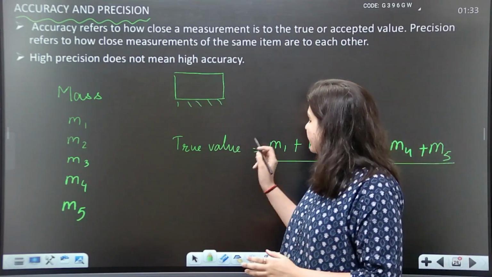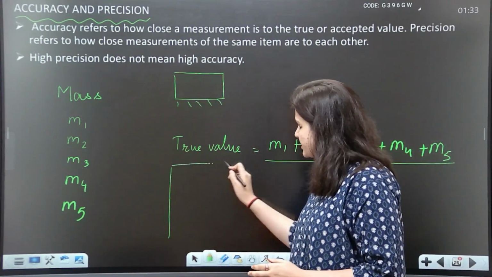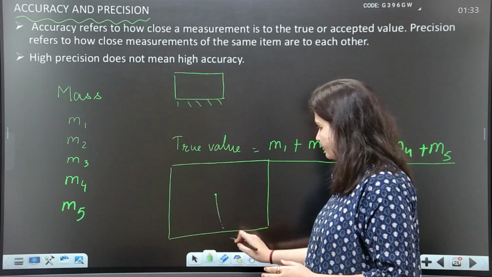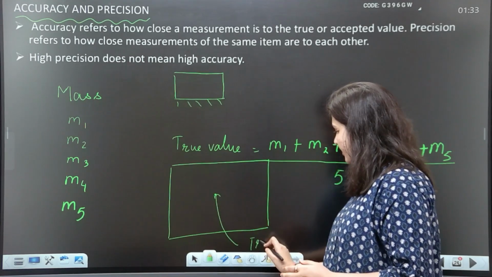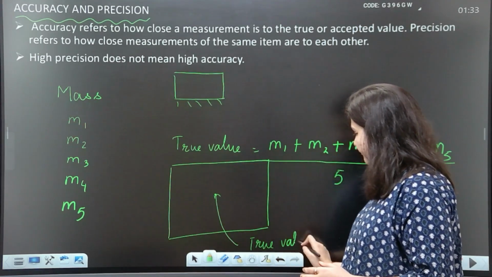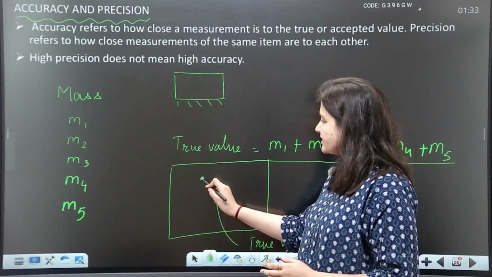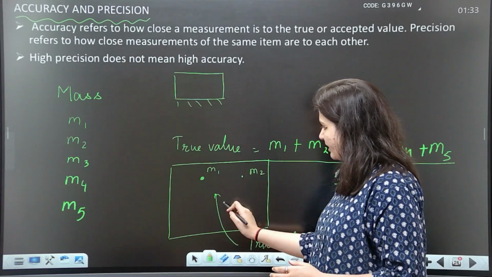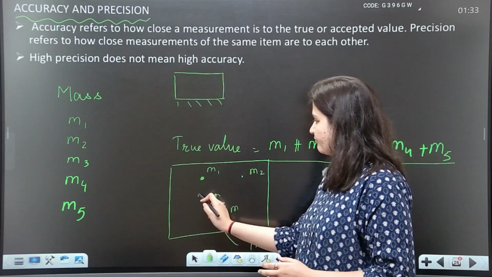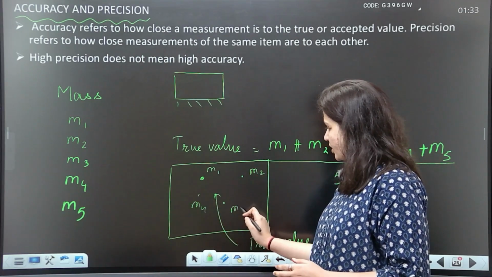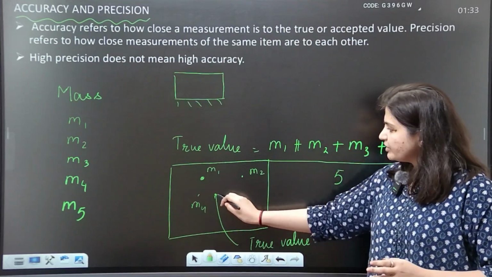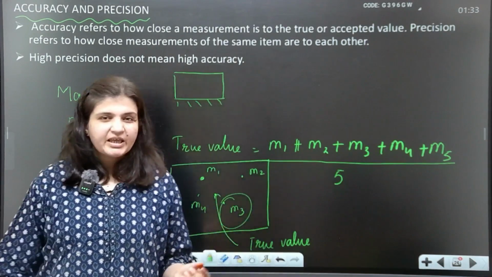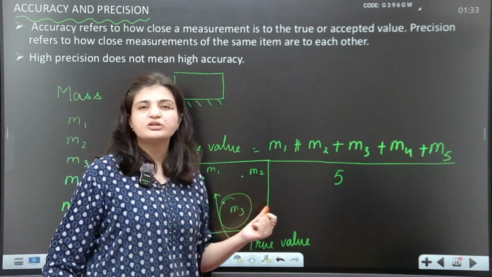Now let's consider this. At the center we have the true value. If the m1 value lies here, m2 lies here, m3 lies here, m4 lies here, we can see that the m3 value is very close to the true value.